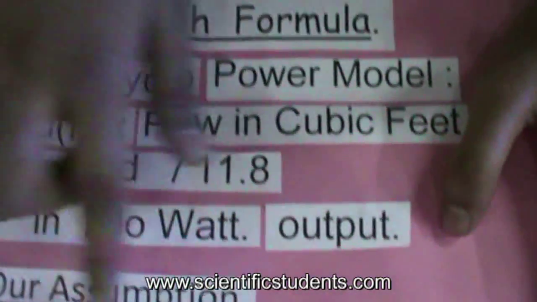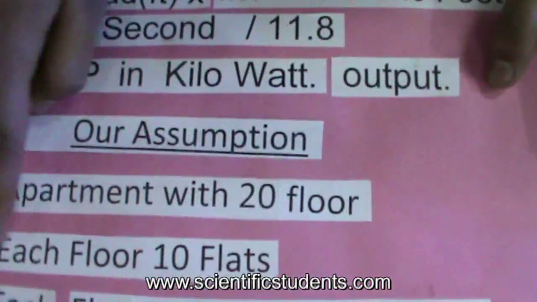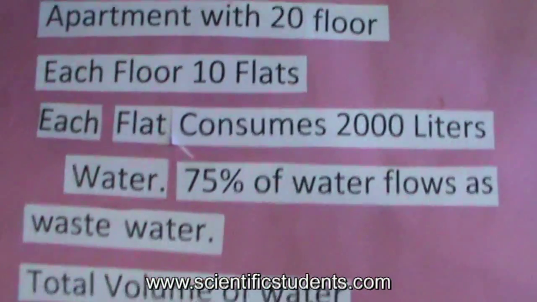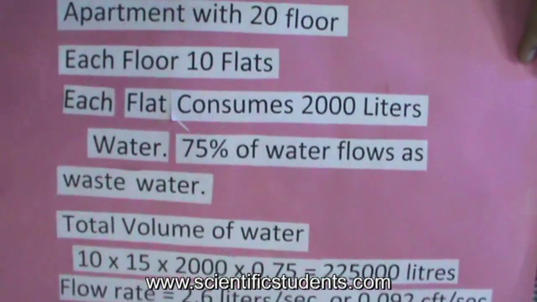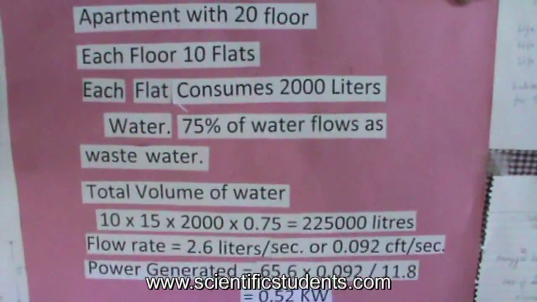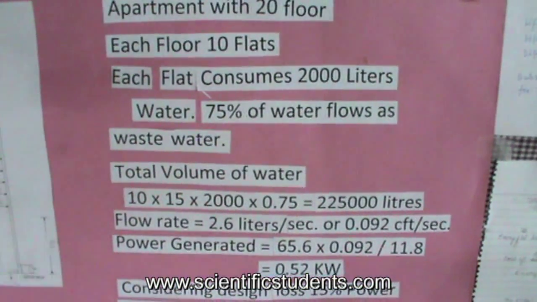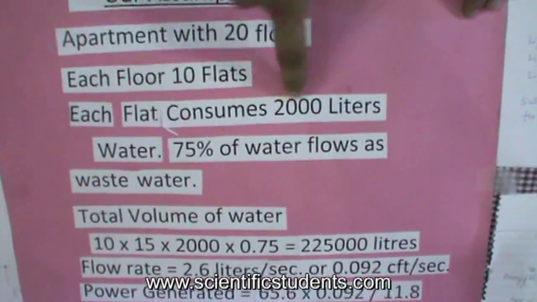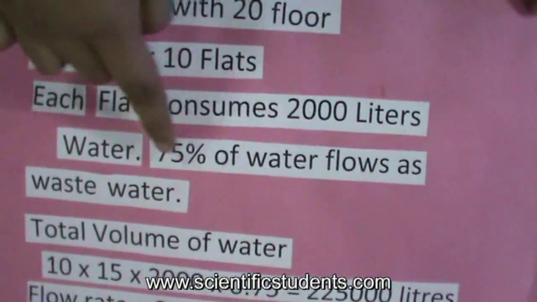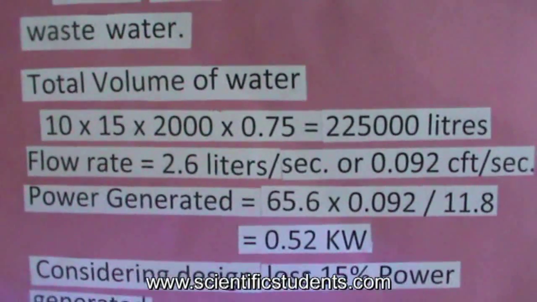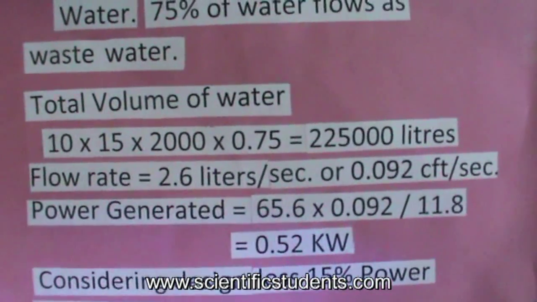The apartment has 20 floors and each floor has 10 flats, and each flat consumes approximately 2000 liters of water, that is if the members in each flat are 2 parents, 2 children and 2 grandparents. 75% of the water we are using for generation of electricity. 25% is the toilet water which cannot be used because it may contain germs.